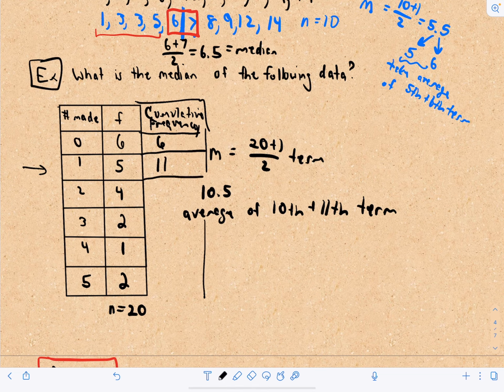And notice if we look at the next row, we've got 4 more people. So in total, we've taken 15 people under consideration. 2 more, we would have 17. If we look at another person, we've got 18, and then another 2 more, we'll have our total of 20. So notice the 10th and the 11th term.